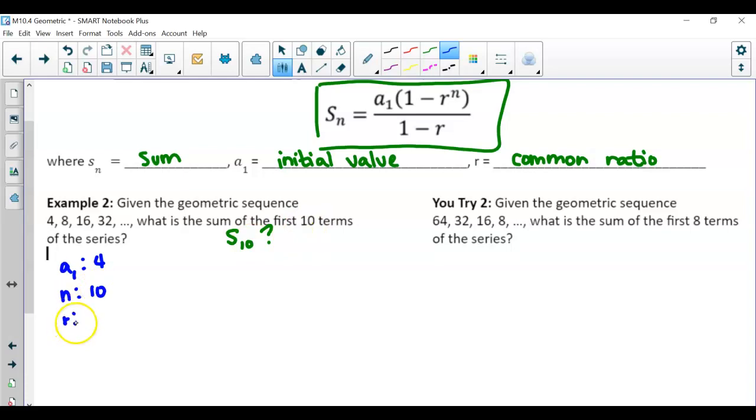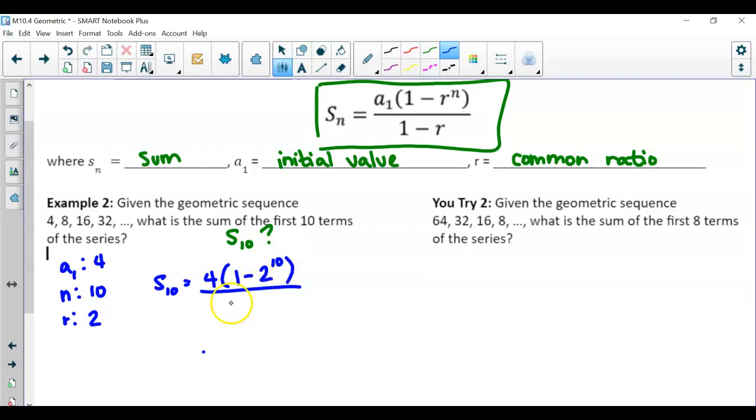We also need to know what R, the common ratio, is. We'll look at the sequence here. What am I multiplying by each term to extend? We're multiplying by 2. So now that I have my pieces, we can find the sum of the first 10 values, which is a sub 1, which is 4, times 1 minus your common ratio R, which is 2, raised to the 10th power.